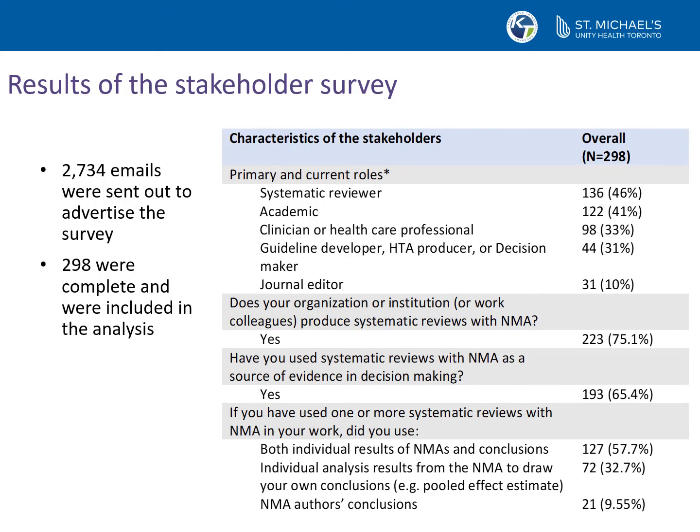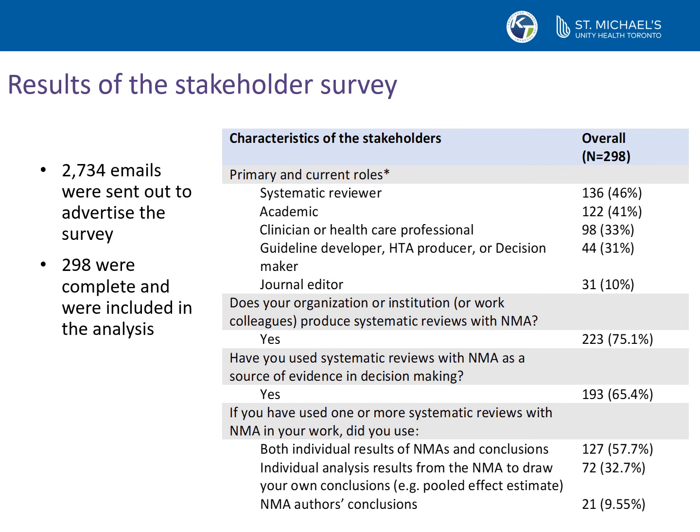So the results of the survey were that 2,734 emails were sent out, and then 297, or 14%, were complete and were included in our analysis. A lot of the respondents had several roles that they identified with, mostly being systematic reviewer or academic. And then third most prevalent was clinician or allied healthcare provider or guideline developer.